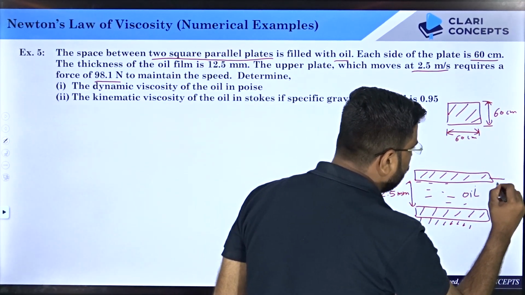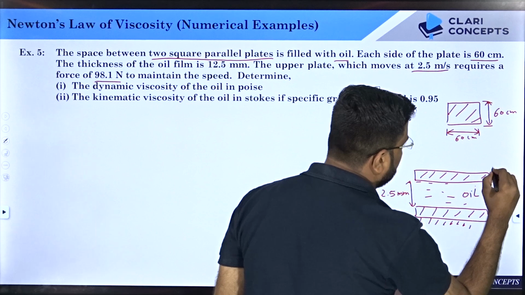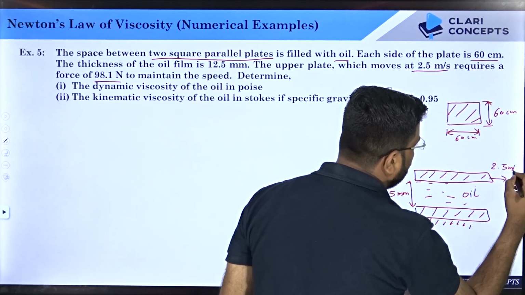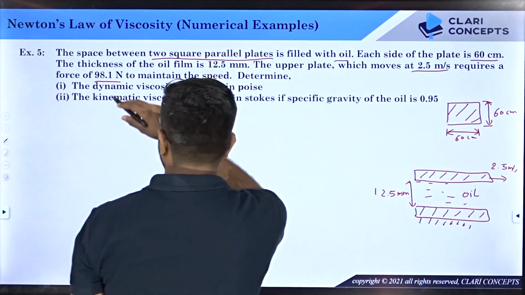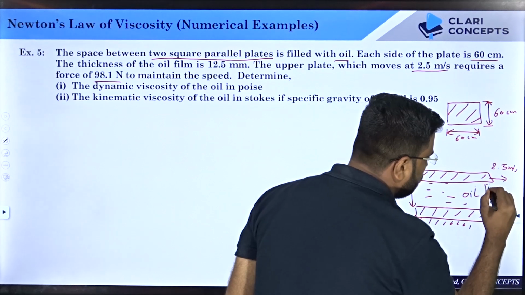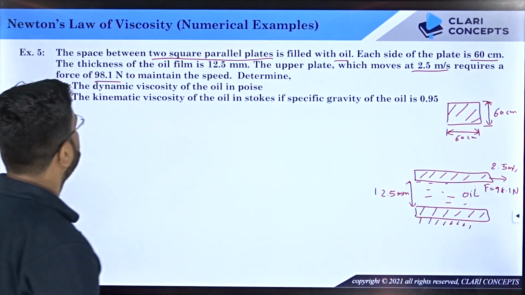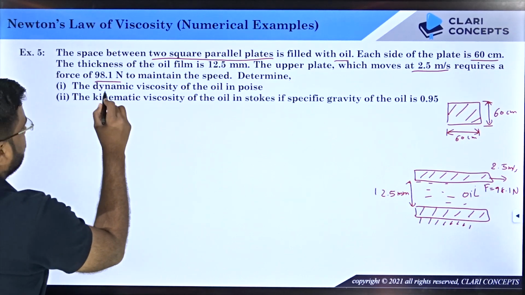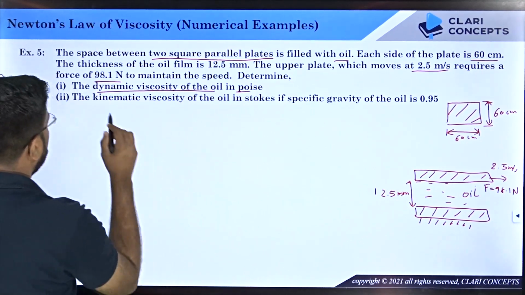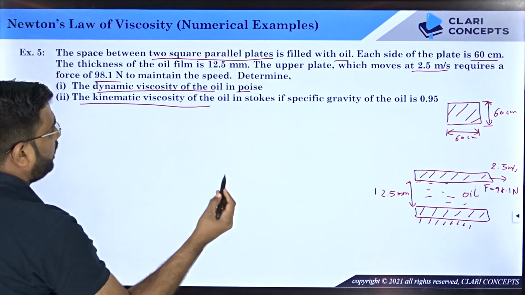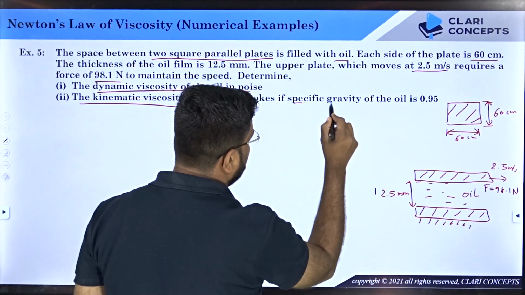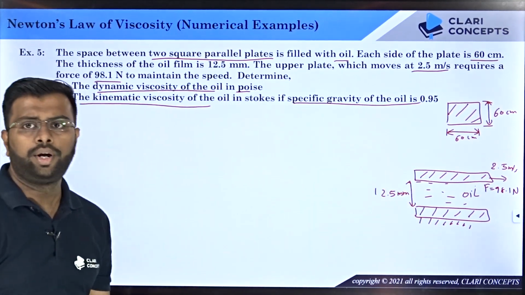The upper plate moves at 2.5 meter per second, and when it moves at this velocity, the force required is 98.1 newtons. Determine the dynamic viscosity of the oil in poise and also the kinematic viscosity of the oil in Stokes if the specific gravity of oil is given to you as 0.95.